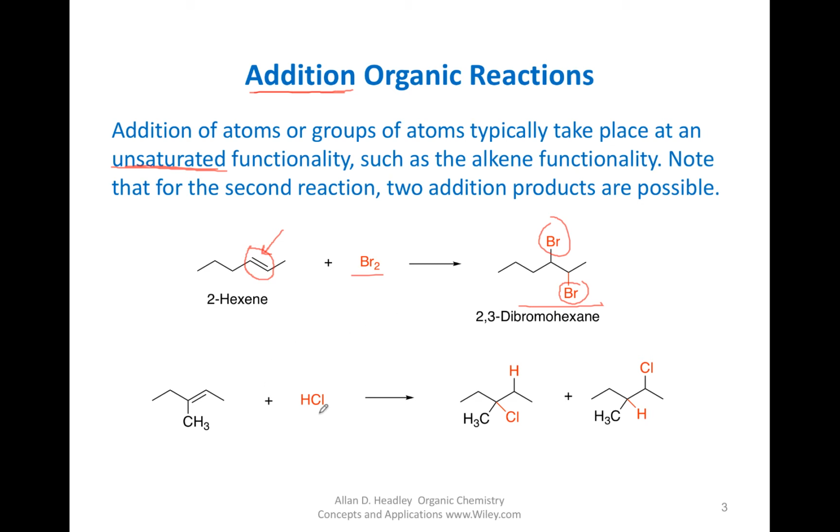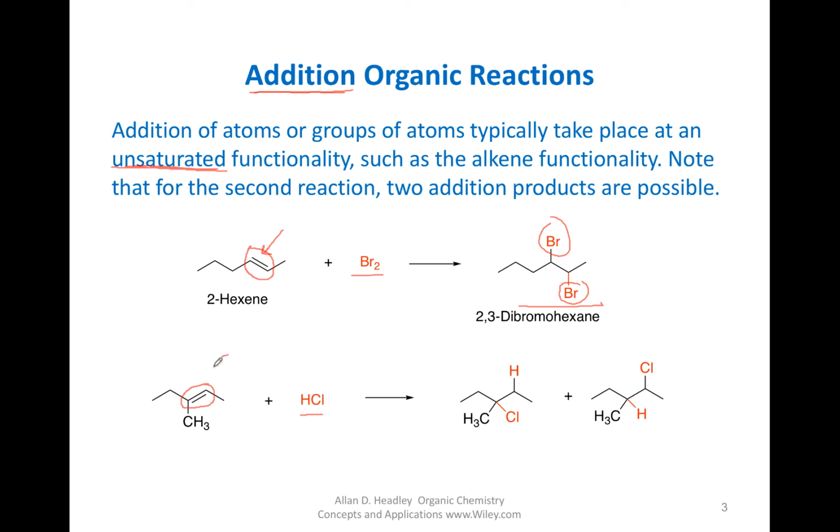Here's another example of an addition reaction, adding HCl across the functional group here. So you have to recognize the functional group in the reactant in order to predict what type reaction and the products of these reactions.